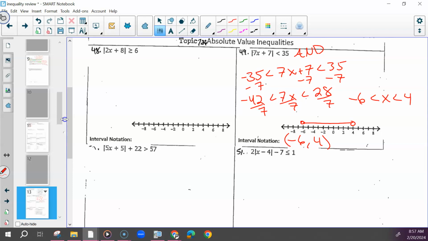If we have questions on either. Do we have any graphing linear inequalities questions over the next few pages?